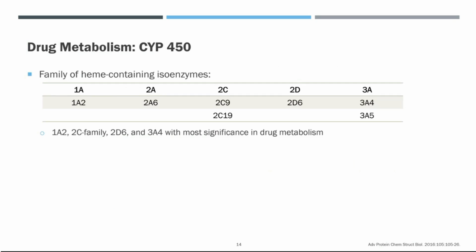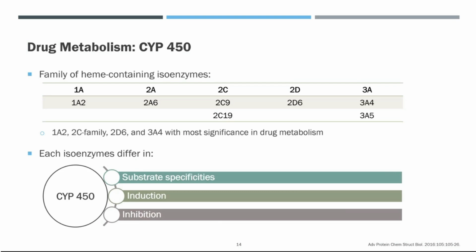So CYP450 enzymes are actually a family of heme-containing isoenzymes. So there's 1A, 2A, 2D, 3A, etc. But it's the 1A2, 2C family, 2D6, and 3A4 that are of the most significance in terms of drug metabolism.